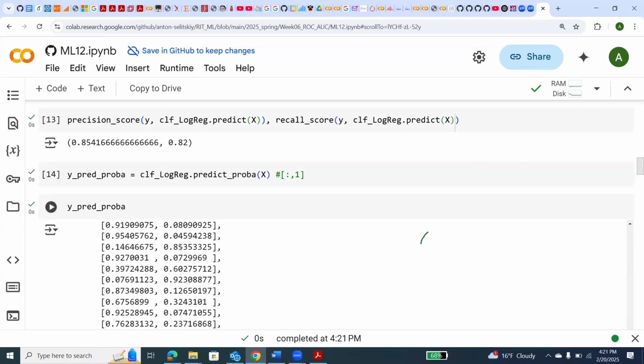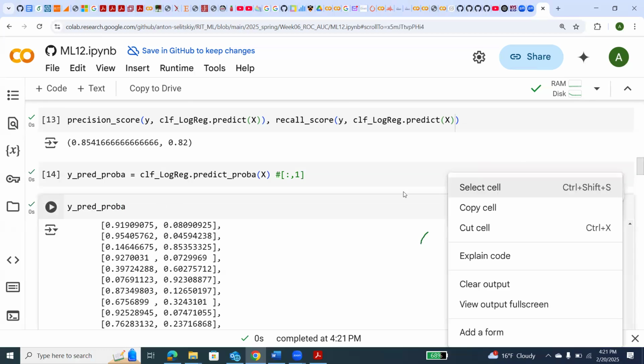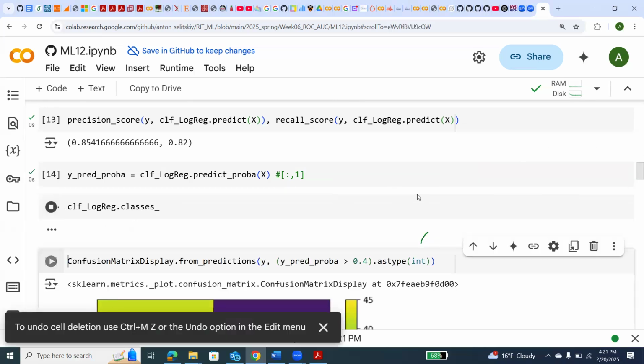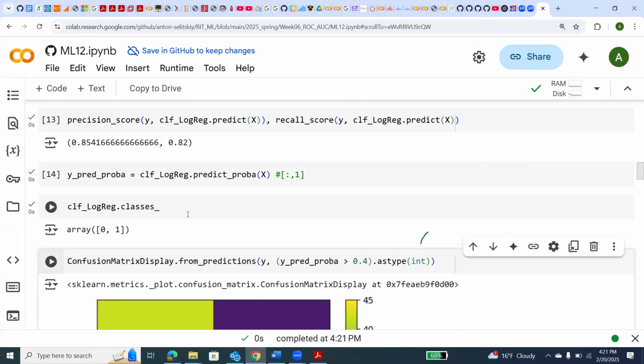To answer this question, you can use this attribute classes_, and it will actually return the labels. And it turns out that for class 1, in this case, we have the second column, not the first one.